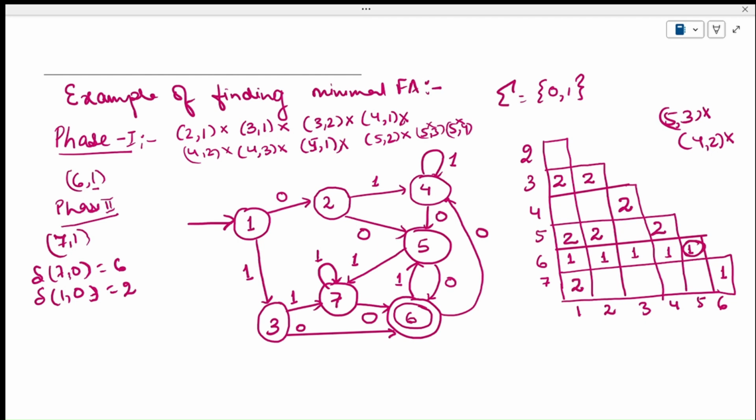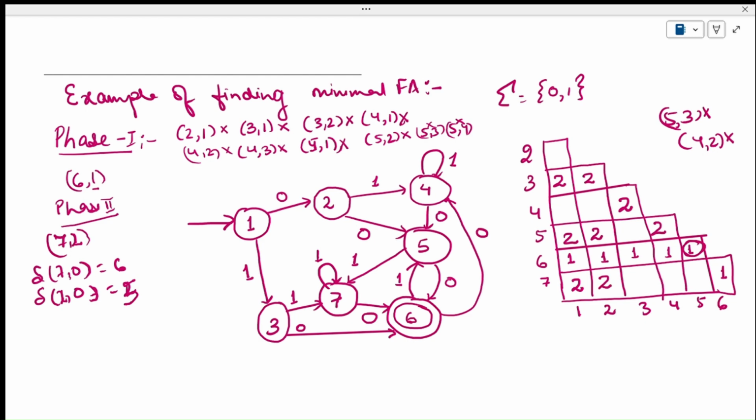Similarly 7 2. 7 on reading 0 is going to state 6, 2 on reading 0 is going to state 5. 6 5 is marked, so this is also marked.